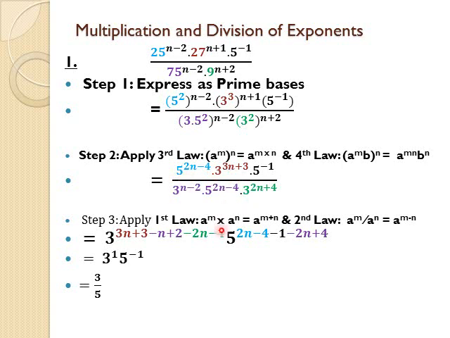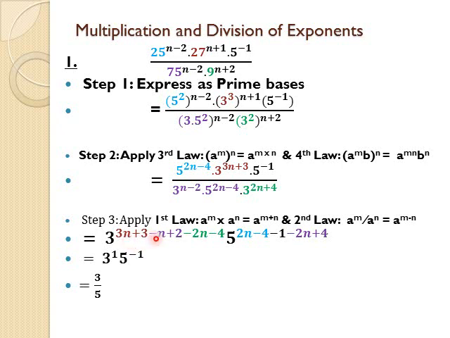Then base 5, so 5 to the power 2n minus 4 is on top, stays as it appears, minus 1 on top, stays as it appears. Come below the division line, I simply change the signs because I'm subtracting. So plus 2n becomes negative 2n, negative 4 becomes plus 4. Now, in most exam questions the variables must cancel, but in some of your textbook problems the variables will still stay.